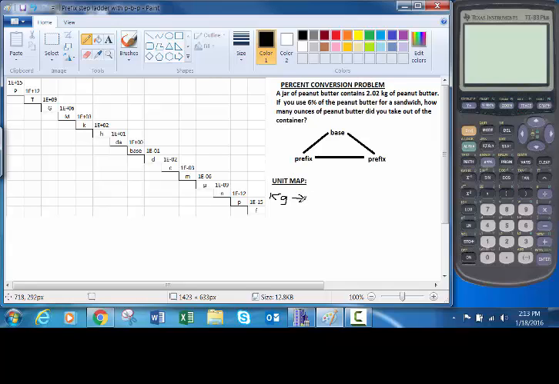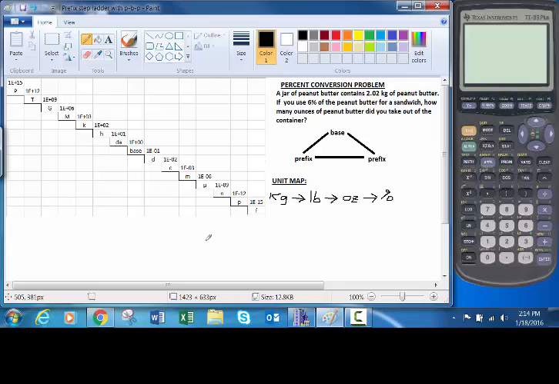We know that kilograms can be converted into pounds, and that pounds can be converted into ounces. The last piece of our unit map is going to be the part of the map that pertains to the percent. So the amount that was used versus the amount that was in the container.